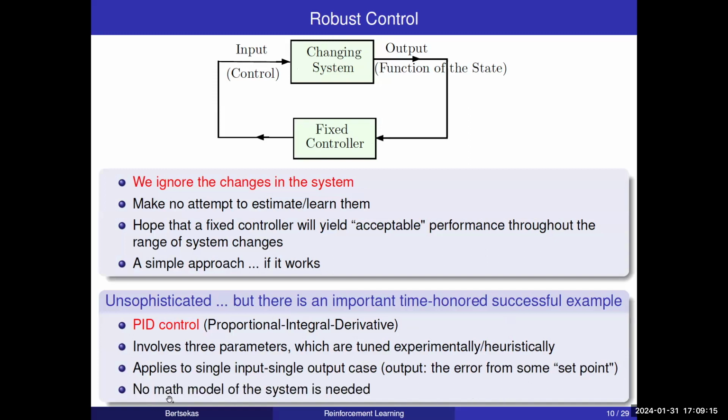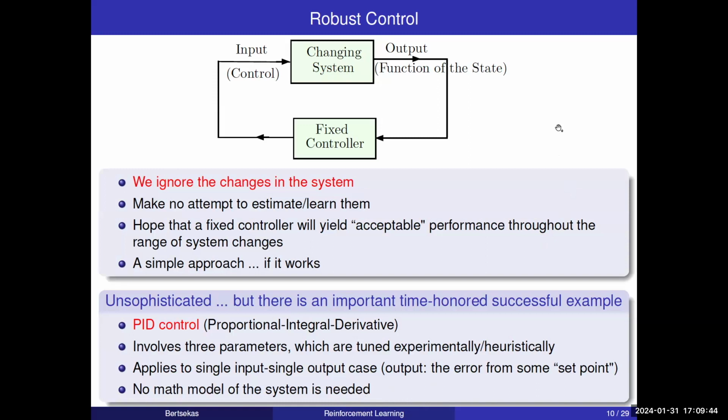And as I said earlier, the big selling point of this controller is that no mathematical model is needed. And it works in the sense that it doesn't blow up on you in many cases, but that doesn't mean it works optimally, okay? It could be working suboptimally, but that may be fine in some applications. Okay, questions?